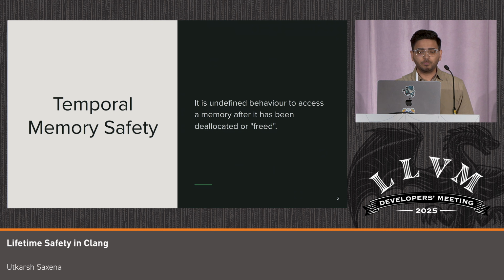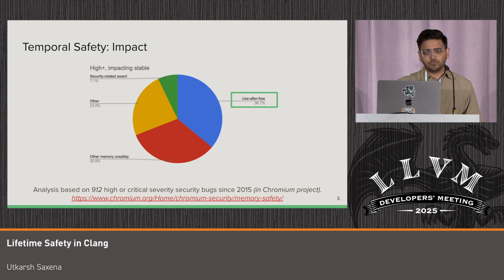It is undefined behavior to access memory that has been deallocated or freed. This manifests through dangling pointers, and it manifests as crashes, data corruption, and even security vulnerabilities. The impact of this is not small.